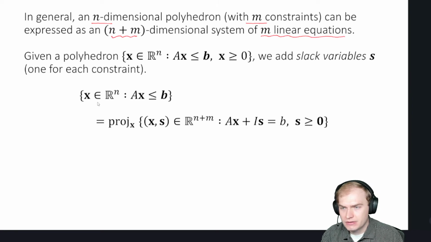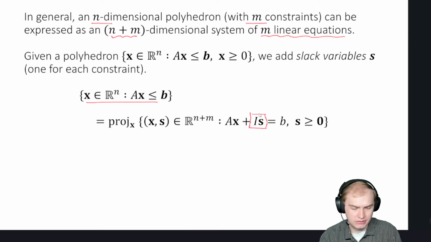So given this polyhedron, we can add in the identity matrix times some slack vector, and the non-negativity on the slack, to get, instead of a polyhedron, just a system of hyperplanes, of linear equations.